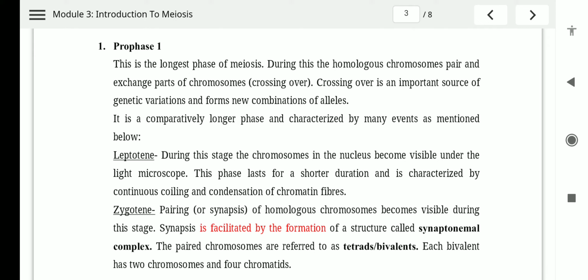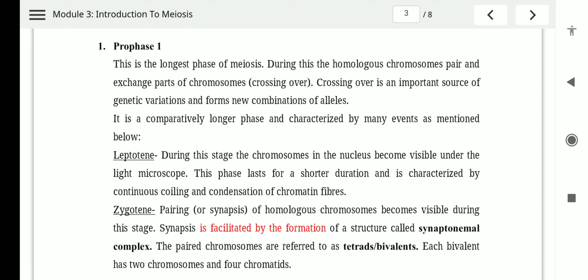Another phase is zygotene. In this stage, the homologous chromosomes become visible. So, there is pairing of homologous chromosomes, which is called synapsis. One homologous chromosome is paired with another homologous chromosome, one maternal and one paternal.